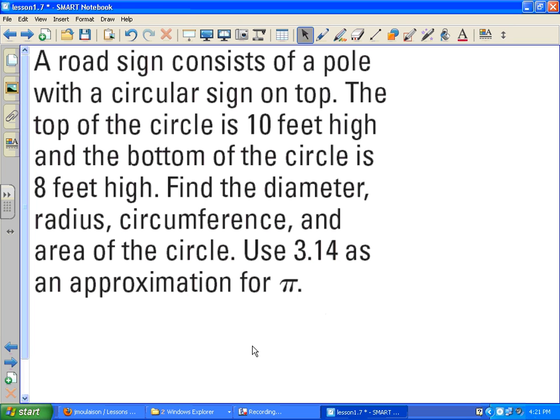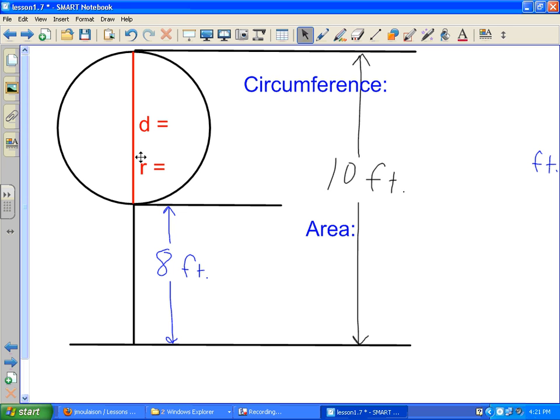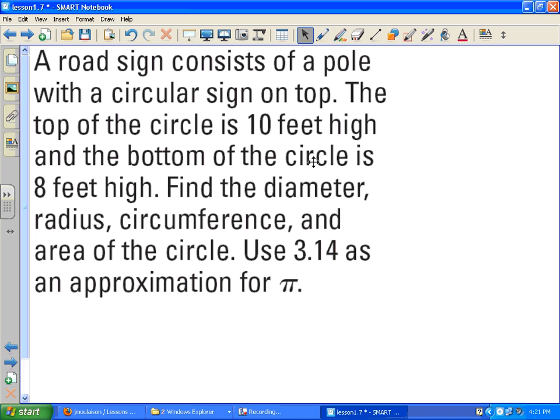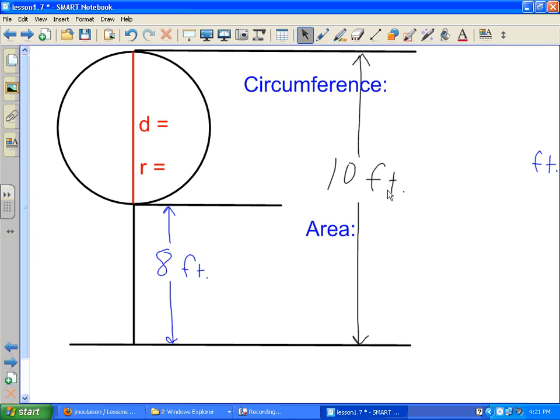So you can pause this presentation and try this problem, then resume the presentation to check your answer. You should begin by sketching the figure. So here's the sign. The directions said that the top of the sign is 10 feet high, and the bottom of the sign is 8 feet high.